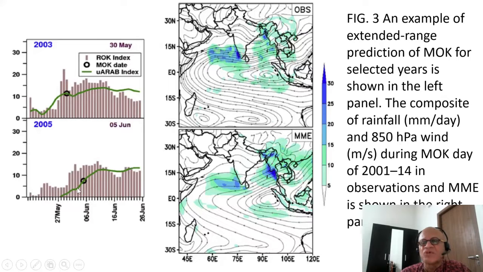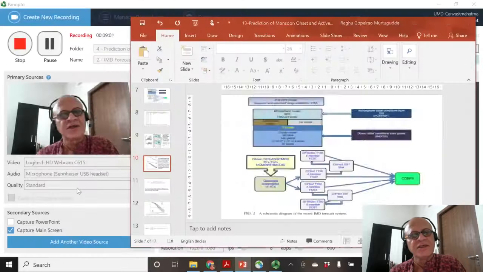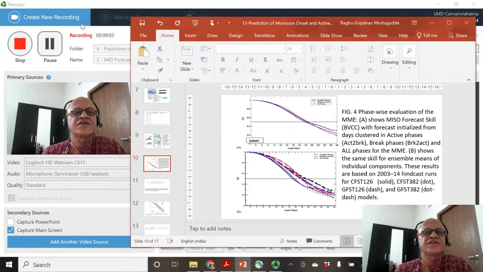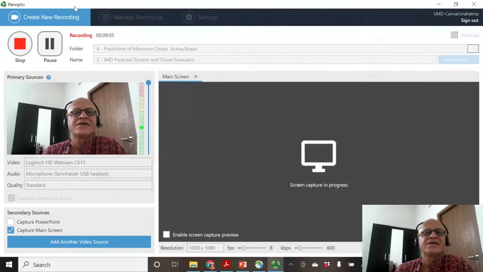So what can you get out of it? Well, as we said, there is some skill, but it's not as reliable as one would hope. But considering that the onset forecast is not extremely critical other than being of great public interest, attempts will go on to make it better, but it's not clear there is a large-scale dynamic that drives the onset.